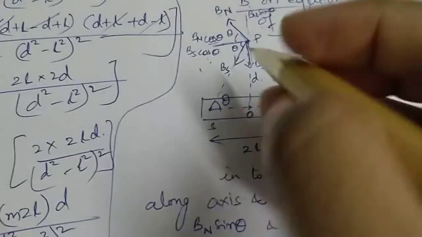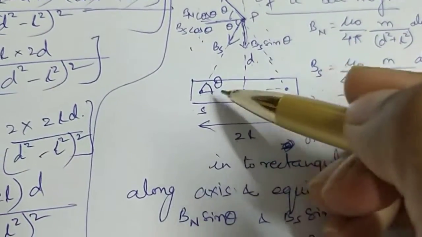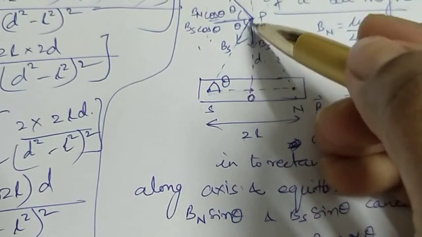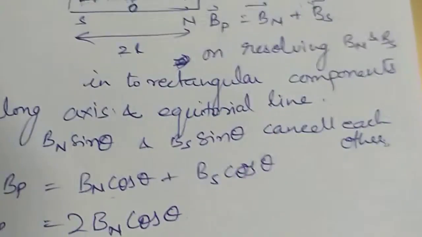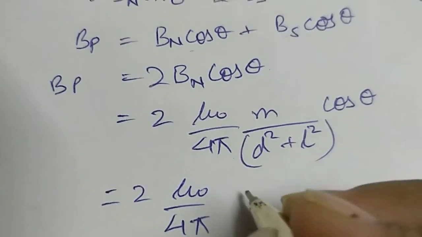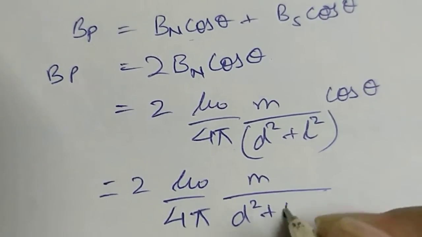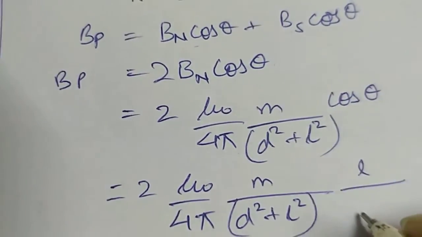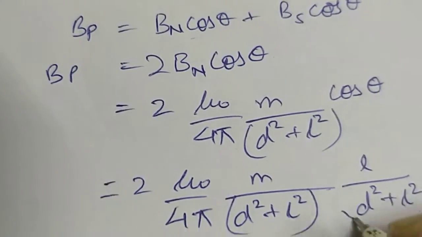Now you see this triangle: cos theta is base L divided by hypotenuse. So this becomes 2 mu naught by 4 pi, m by d square plus l square, and cos theta becomes L upon the square root of d square plus l square.